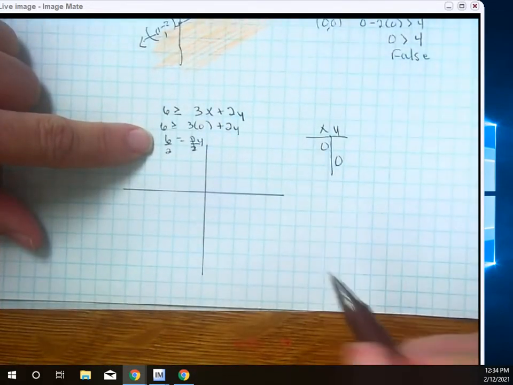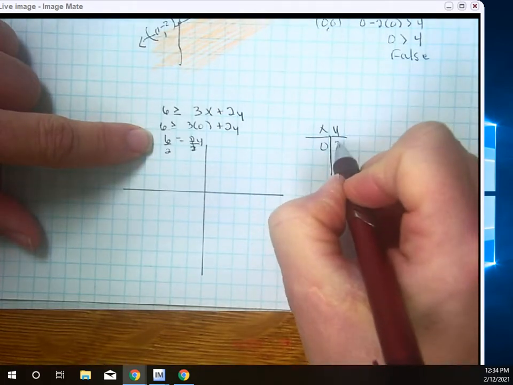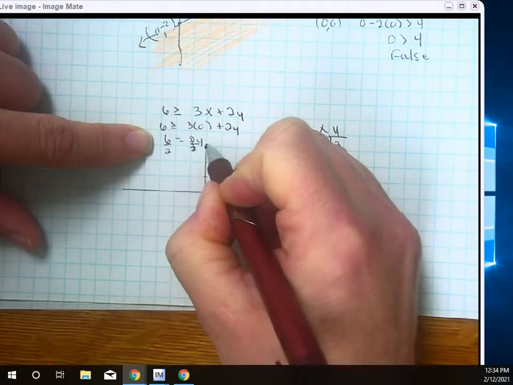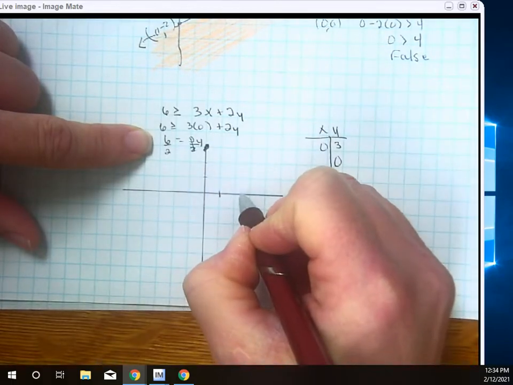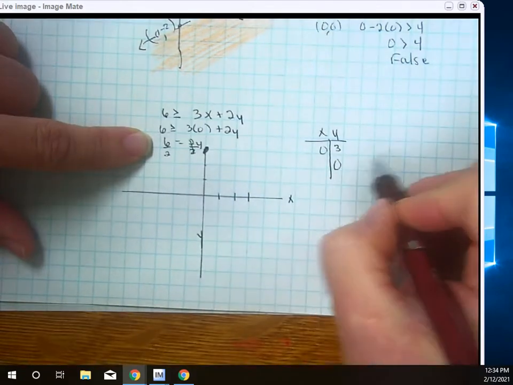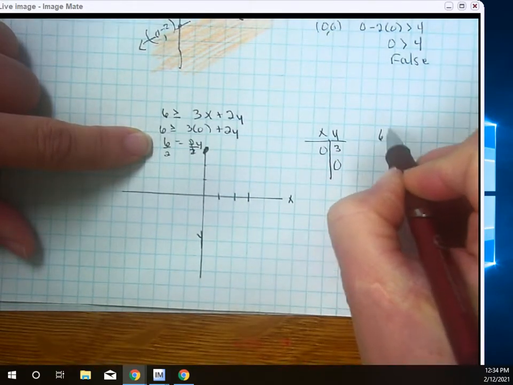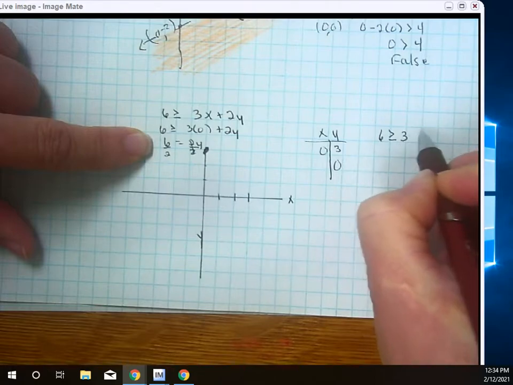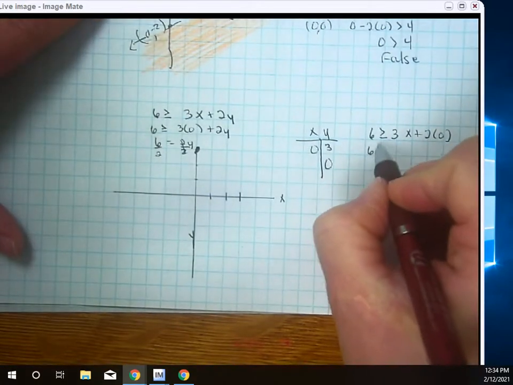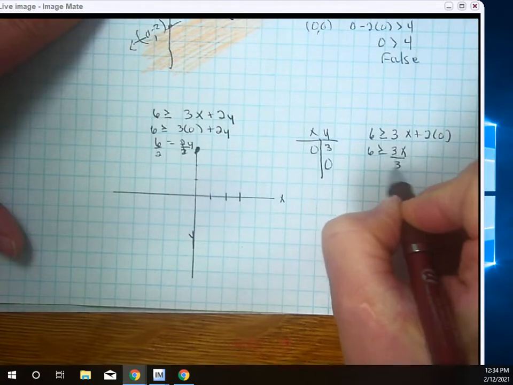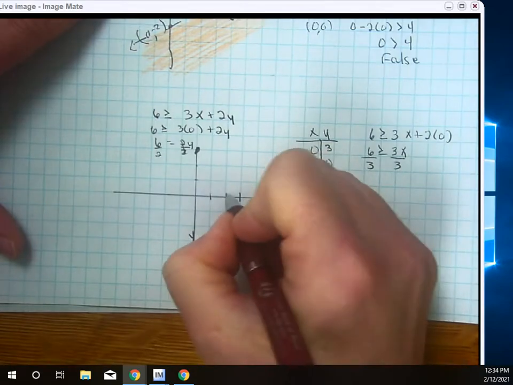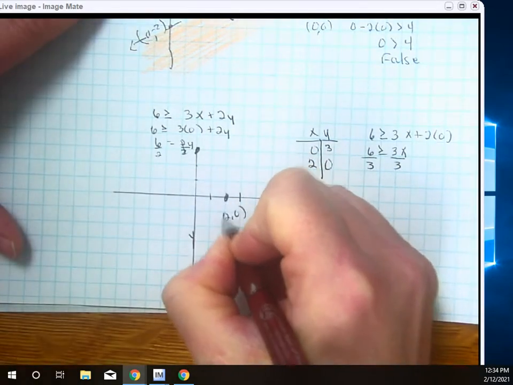Well, 6 divided by 2 is 3. So (0, 3) is my y-intercept, on my y-axis. If I substitute 0 for y, 6 is greater than or equal to 3x plus 2 times 0, so 6 is greater than or equal to 3x. I divide by the 3. 6 divided by 3 is 2. (2, 0) is my point.